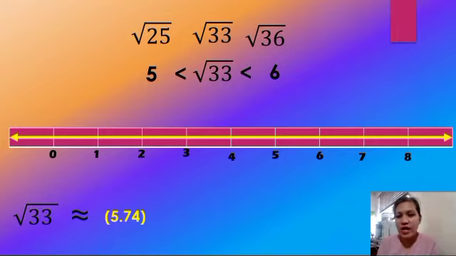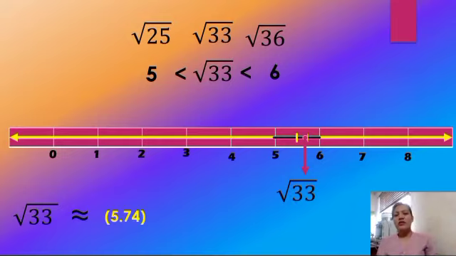So, between 5 and 6. So, dito siya nagpo-fall. Ayan. So, assume natin na 5.5 ay ang gitna. And then, yung 5.75 ay sa gitna ng 5.5 at 6. So, dahil 5.74 siya, ibig sabihin, somewhere near lang siya sa 5.75. So, approximate natin dyan, tansya-tansya lang. So, that is equal to square root of 33.